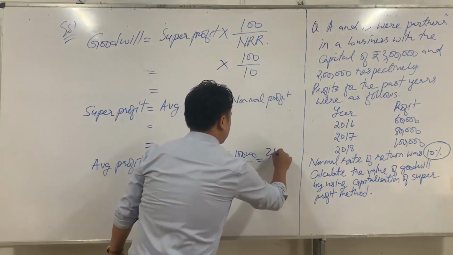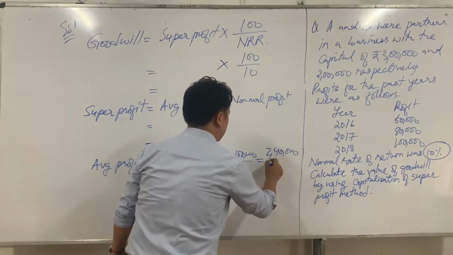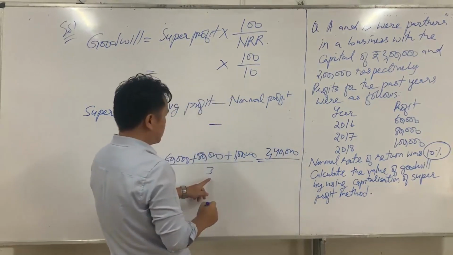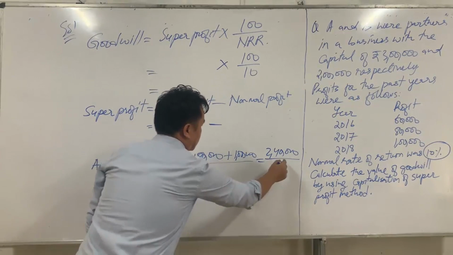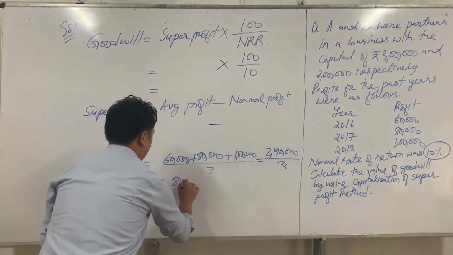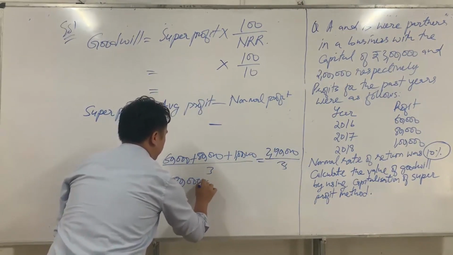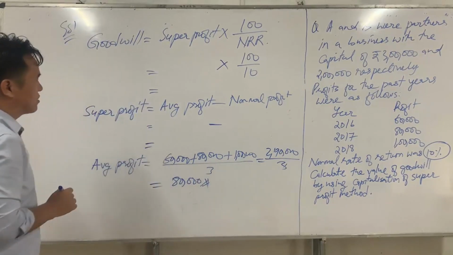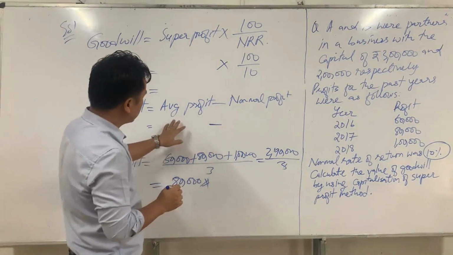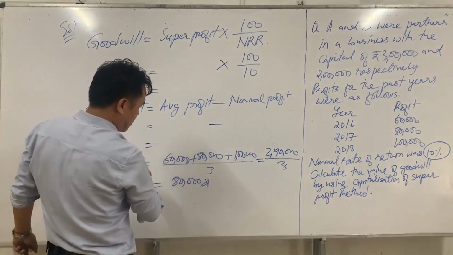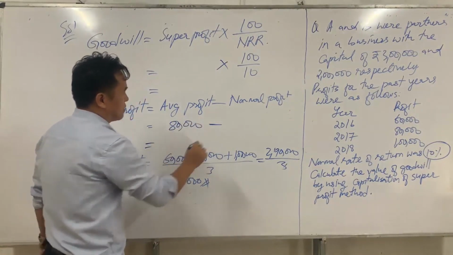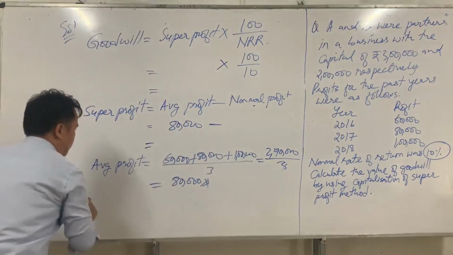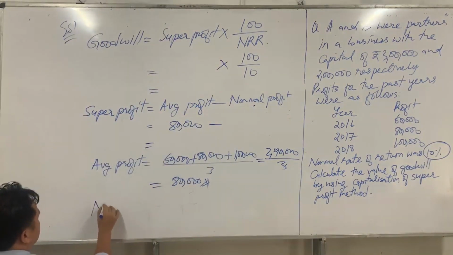In total, how much? 2 lakh 40,000 divided by 3. So average profit is 80,000. The average profit of the past 3 years is 80,000. Okay. Now we will find the value of normal profit.